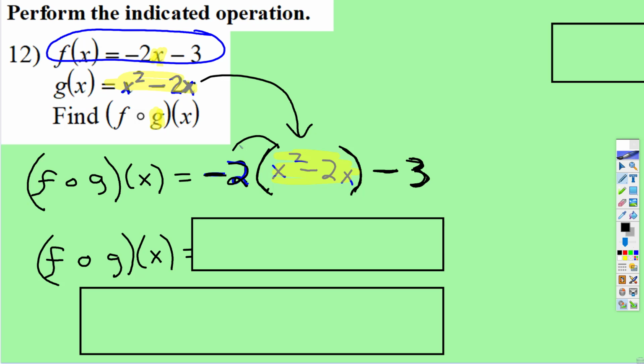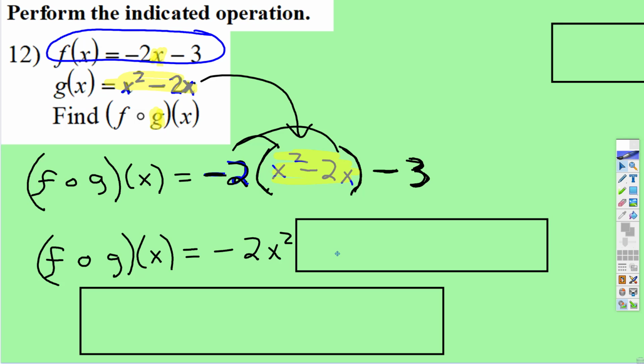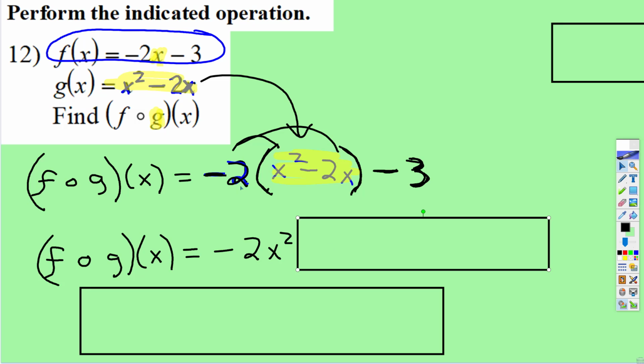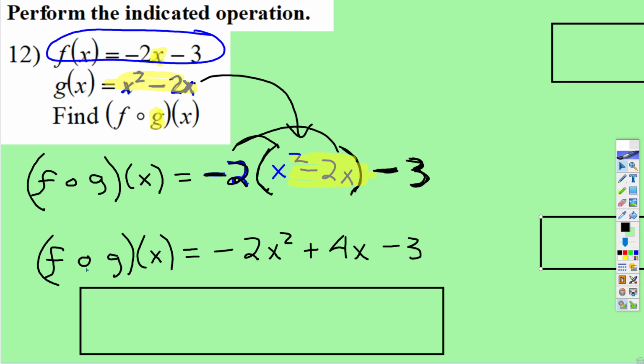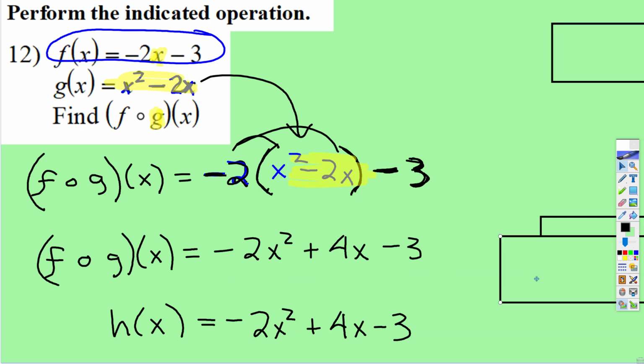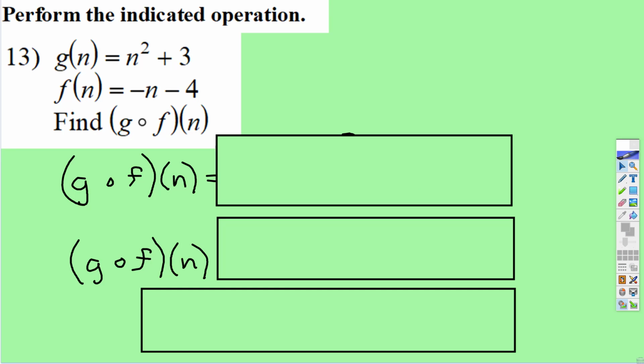And then we're going to do the distributive. Negative 2x times x squared is negative 2x cubed. Negative 2 times negative 2x is positive 4x. And then don't forget, you have to bring down that subtract 3. So the f of g, once we've simplified it, that's a completely new function that I'm just going to call h of x.